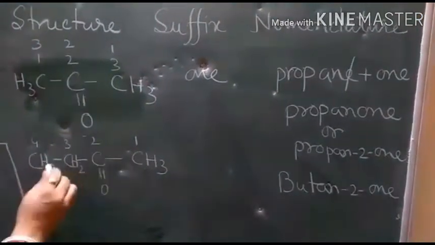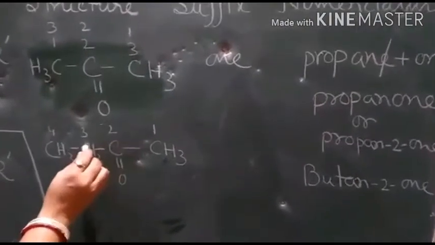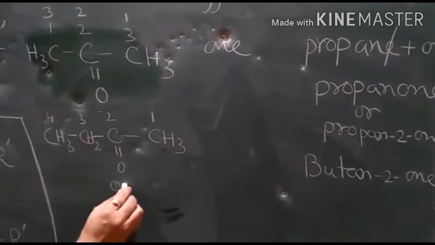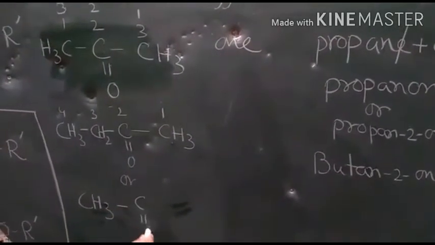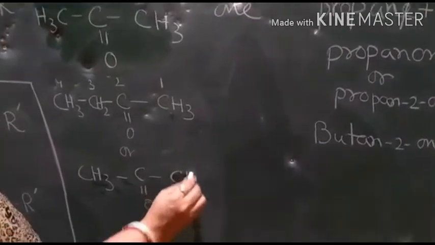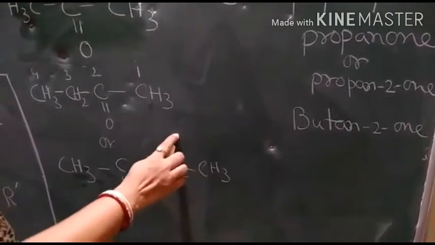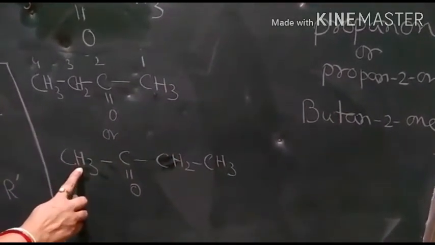Another structure you can write, because it is in the middle. This carbon is also in the middle, this carbon is also in the middle. So I can write CH3, C double bond O, CH2, CH3. That means this side R group is CH2CH3, and this side R group is only CH3.